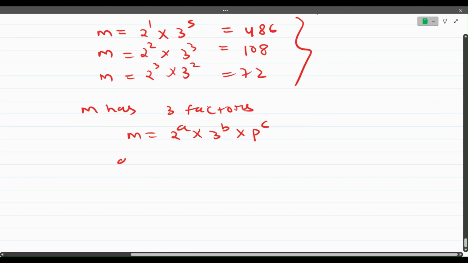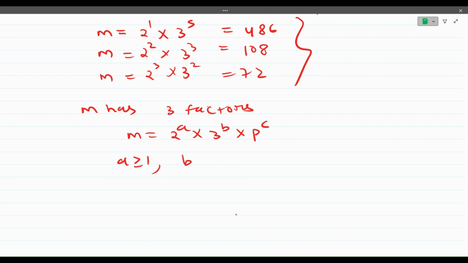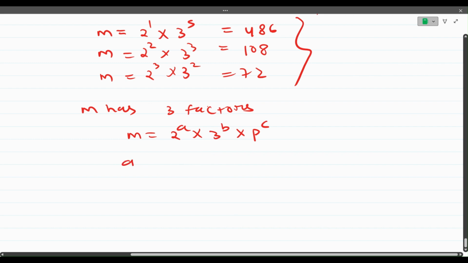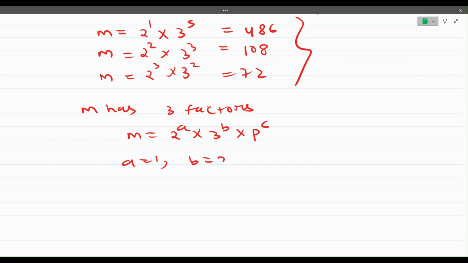It is clear that a is greater than or equal to 1, b is greater than or equal to 2, that we already know. So let's say a is 1, which is already given, right? So b is, let's say b is 2. In that case, the product is 2 times 3 times, that's 6. So c can be 1 in that case.